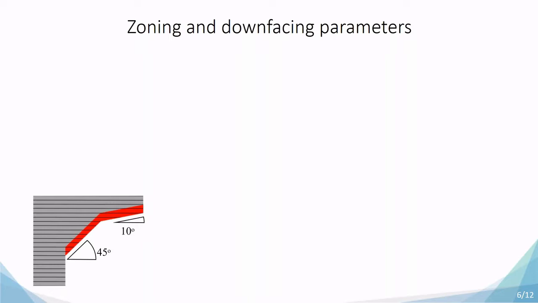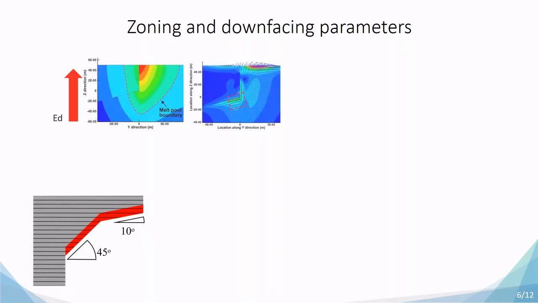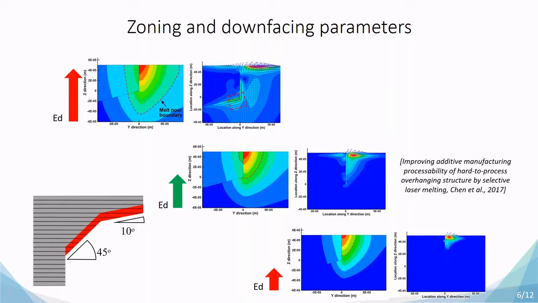In this case, we have 2 layers above the powder bed, which are printed with downfacing parameters. Downfacing parameters typically use an energy density which is lower compared to the middle of the part. If we use an energy density which is too high, as we saw before as well, the melt pool is going to be too big and it's going to be bigger than the CAD model's intended part.